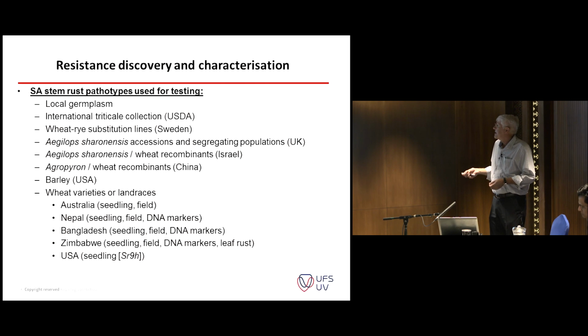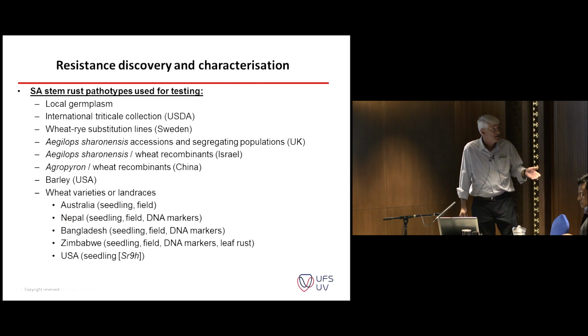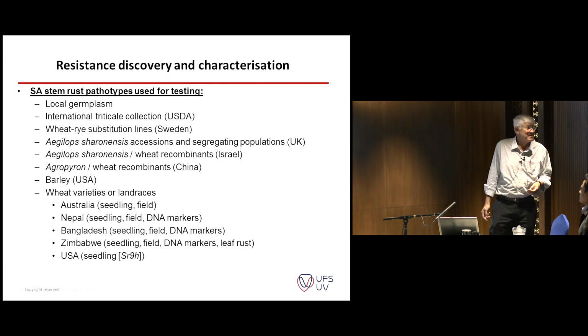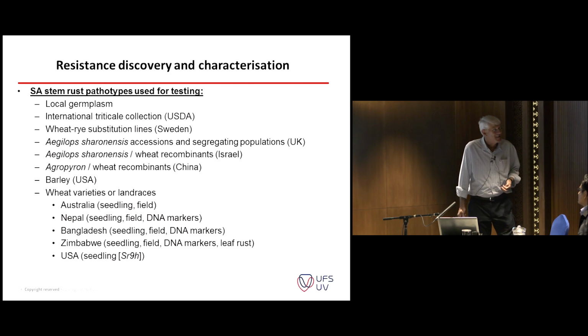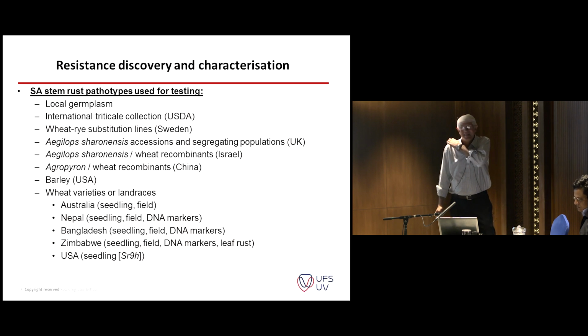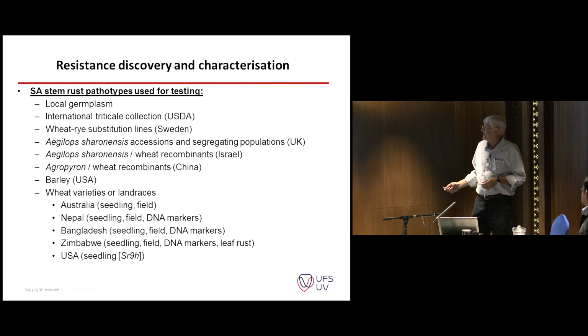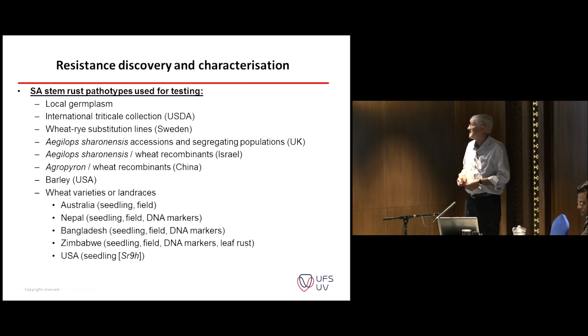I'm testing Agropyron. Not sure, Devinda, you seem to be the expert, whether it's Agropyron or Thinopyron. I don't know. Agropyron. I've been assisting them within the DRRW project to test their materials, and we continue our collaboration in that regard.